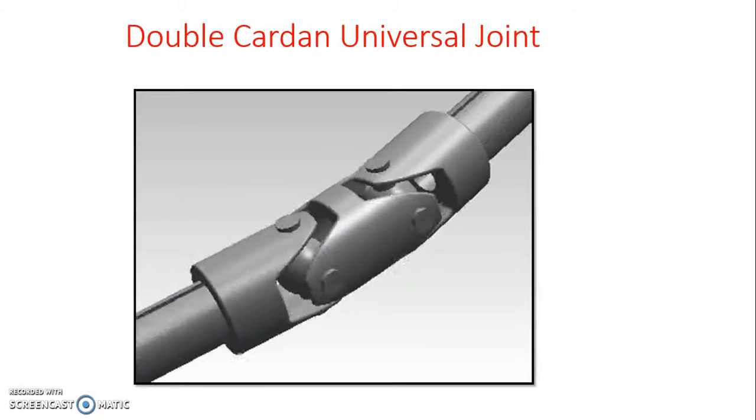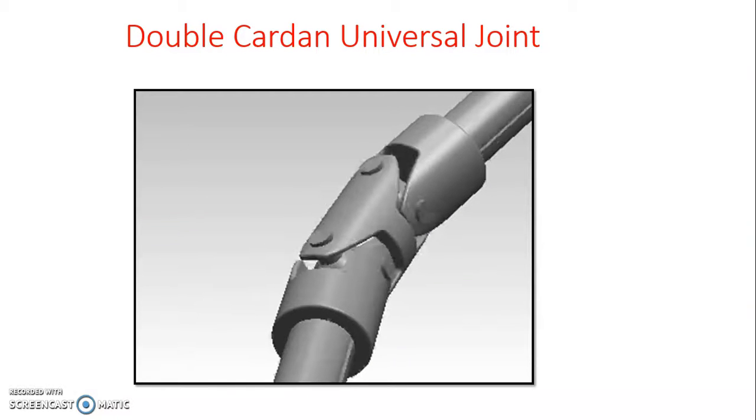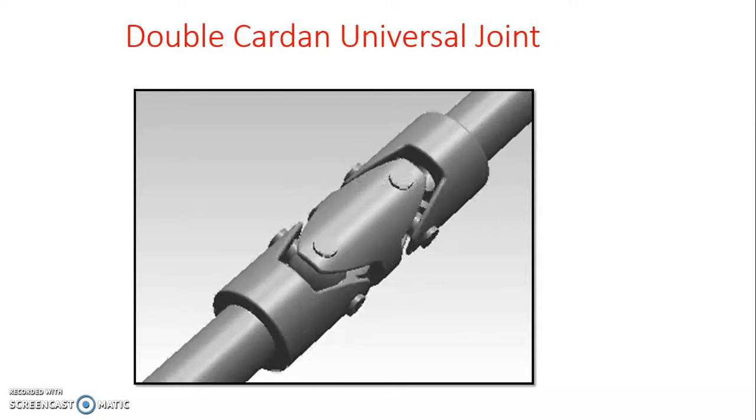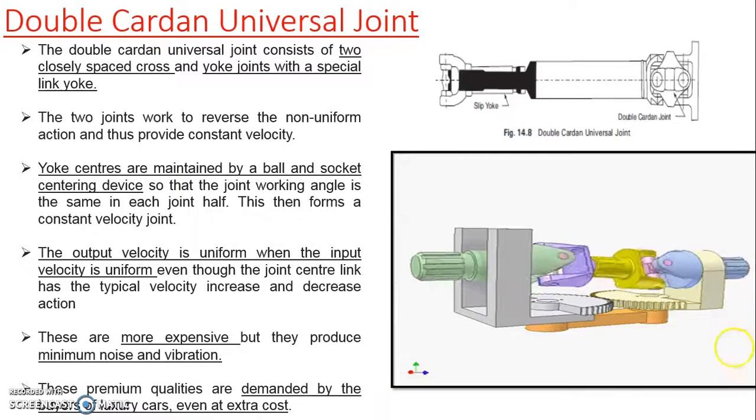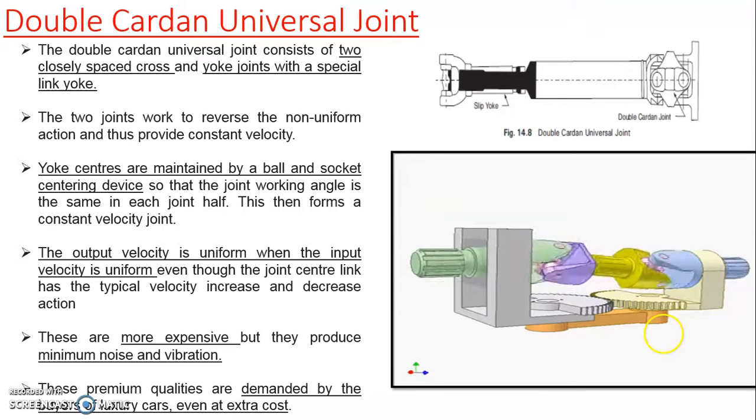After that we have seen the double Cardan universal joint. Here you will observe two Cardan universal joints with some spacing, and in between that spacing a special yoke with a special link is provided.